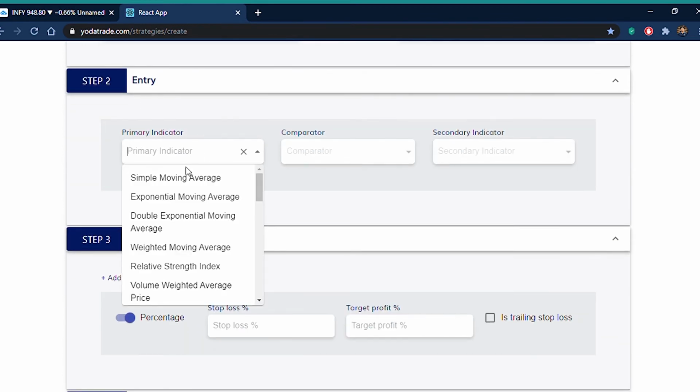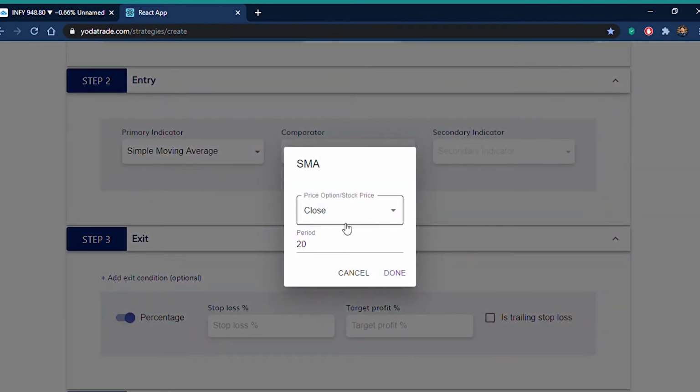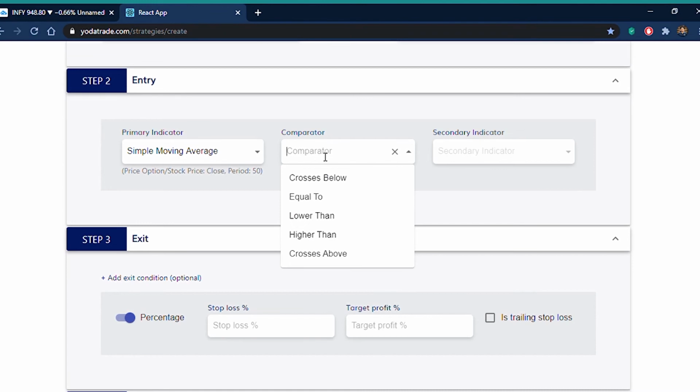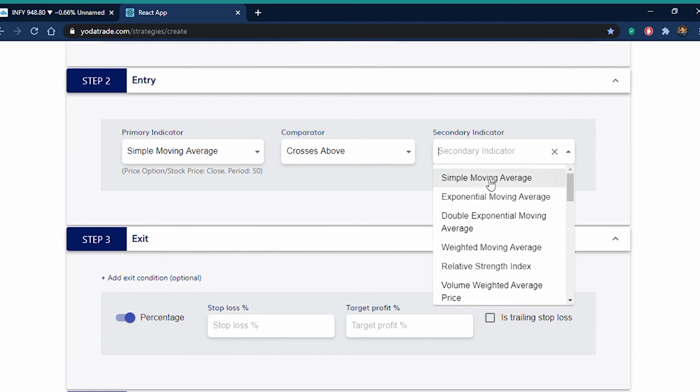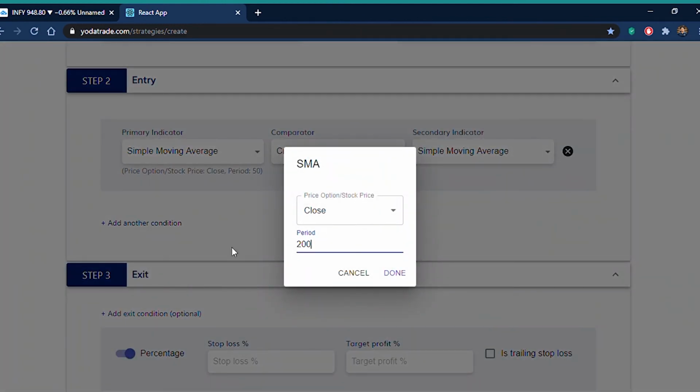So here we shall apply the crossover strategy, which is SMA. Let the primary indicator be a simple moving average of length 50, and the comparator be when it crosses above the longer period moving average, which is SMA of period 200.